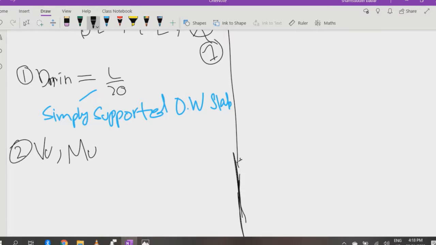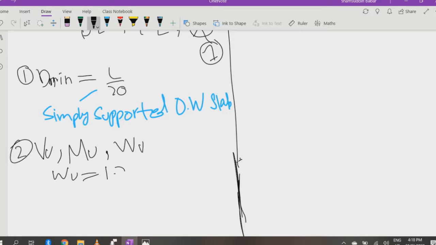In the second step we require to find out factored shear, factored moment, and factored load. Initially we calculate factored load. This is equal to 1.2 dead load plus 1.6 live load.